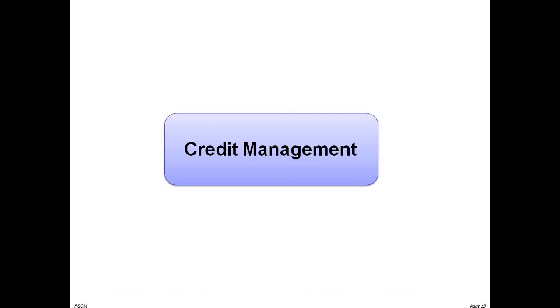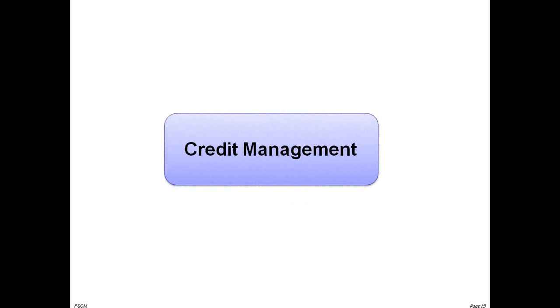Coming to the next one called credit management system. As already told, there is already a tool in the classic FI system called the credit management system. But why is it not reaching the business reason?